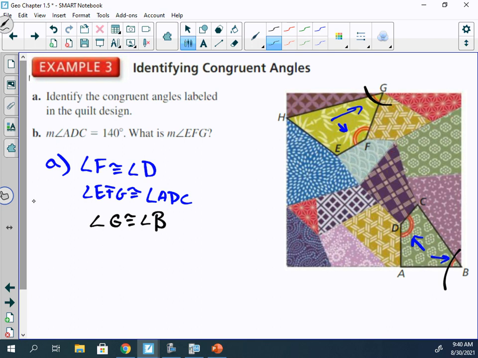So we could use angle HGF and angle CBA. We could use three letters, or we can use just the one. Okay. Any questions on part A?